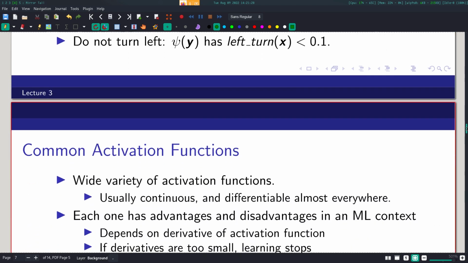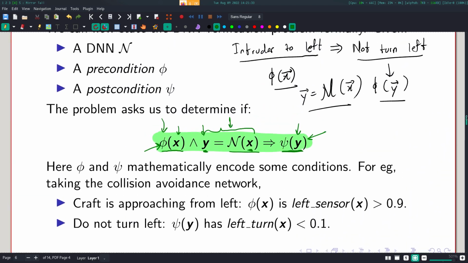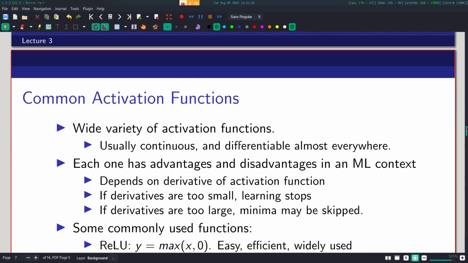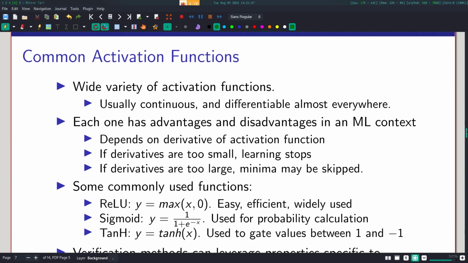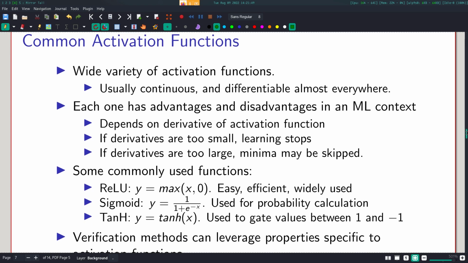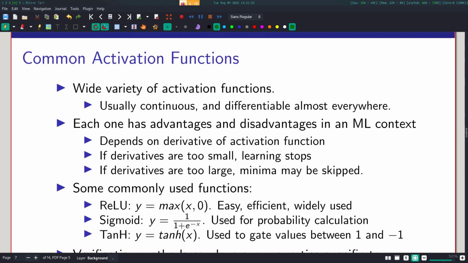All right, so now the next part, we're going to look at various properties of DNNs and how they make the verification problem challenging, or how they can be used for verification and so on. But before we go into that, I'm just going to talk a little bit about various activation functions, right?